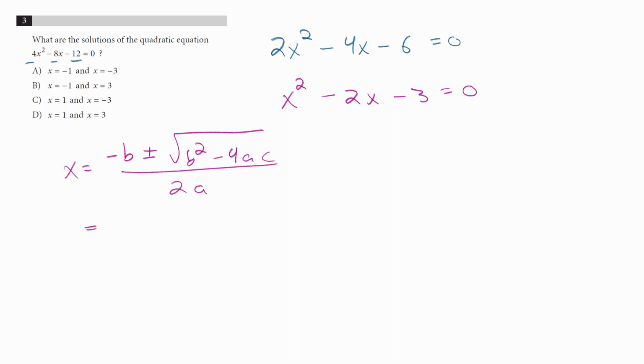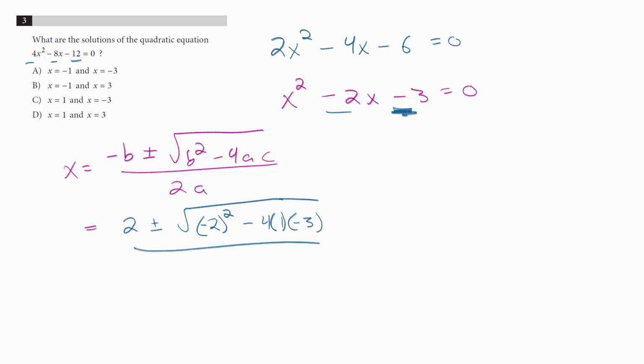Plug in what we know: the opposite of b is 2, plus or minus the square root of b squared, negative 2 squared, minus 4 times 1 times negative 3. Don't forget the negative. All over 2a, and a is 1.